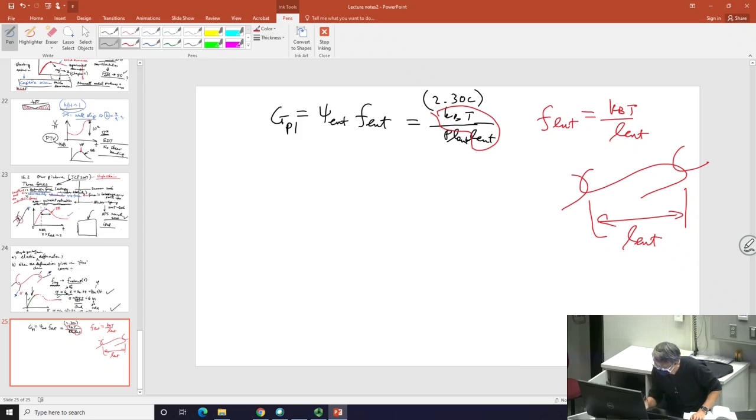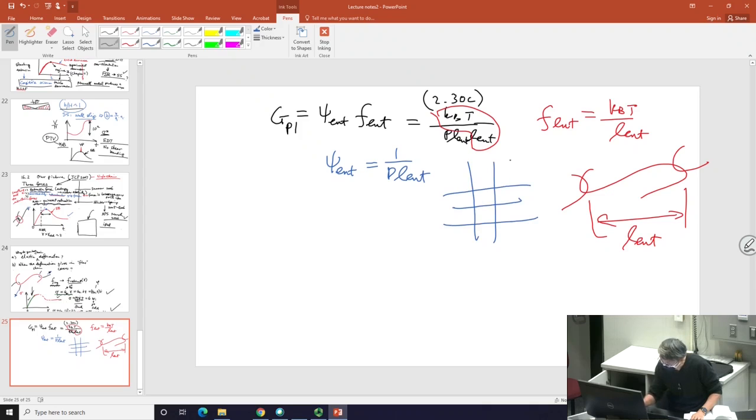And what is the rest? The rest is something I went through with you several times. It's the density of strands. So the density of strands, whichever way you want to see it, is the number of these strands per unit volume, per unit area. We had worked out this before, right? Even in this class, that it's this.